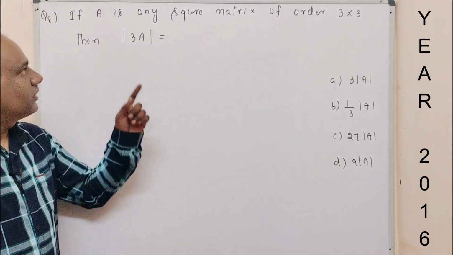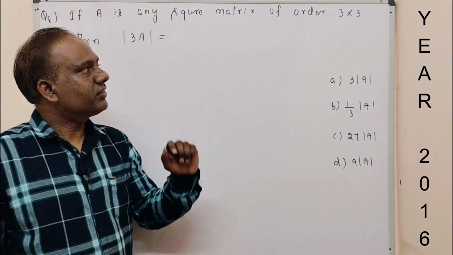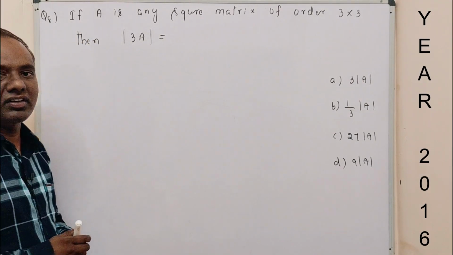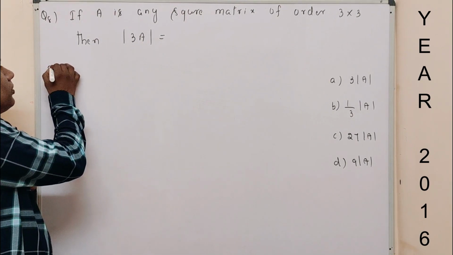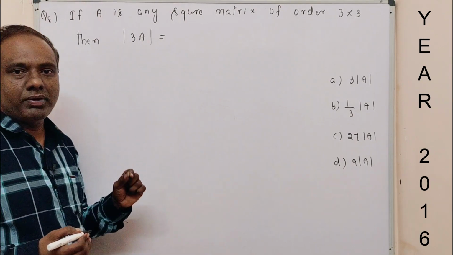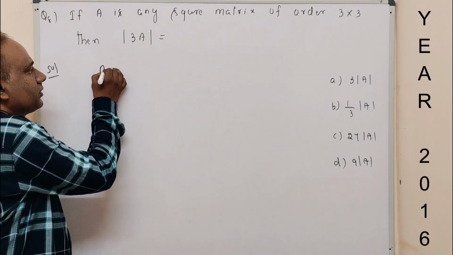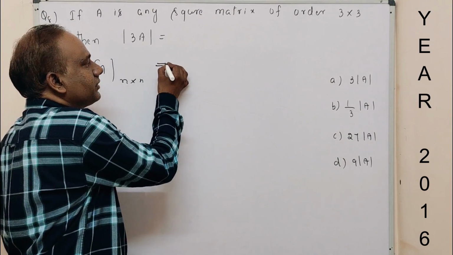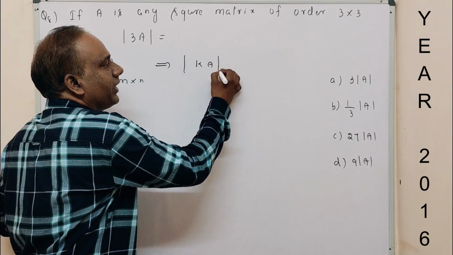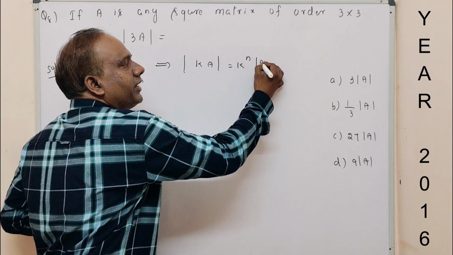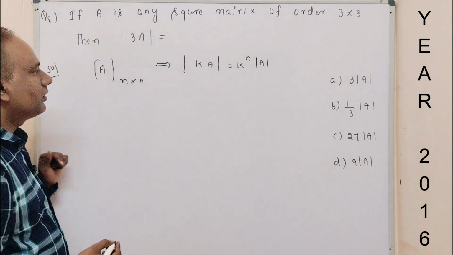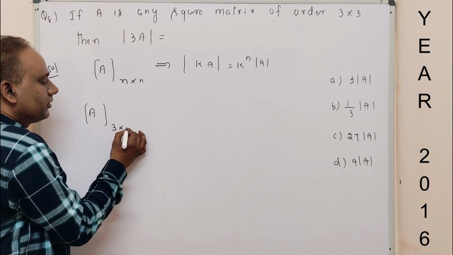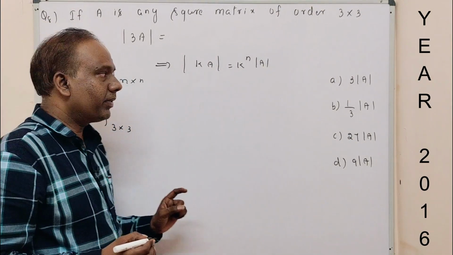Here the question is, if A is a square matrix of order 3 by 3, then determinant of 3A value? Actually, it's a very simple question. Before that, I explain one formula. Suppose A is a matrix of order n by n. In this case, determinant of kA is equal to k power n into det A. So here order of A is 3 by 3.